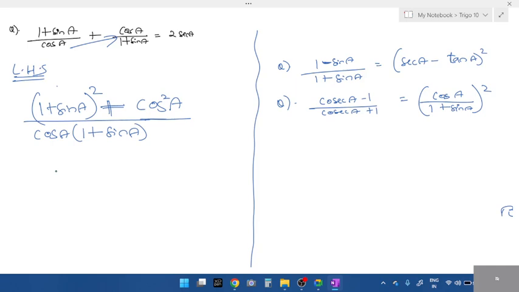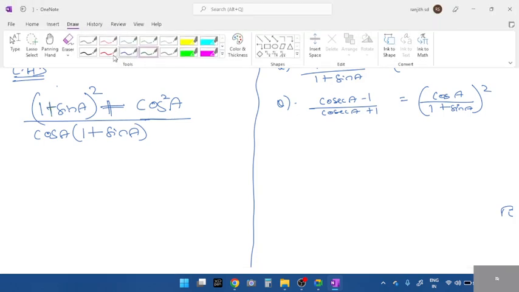Tell me, Malav. No, why do you want to convert? First, tell me what is 1 plus sin A the whole square?